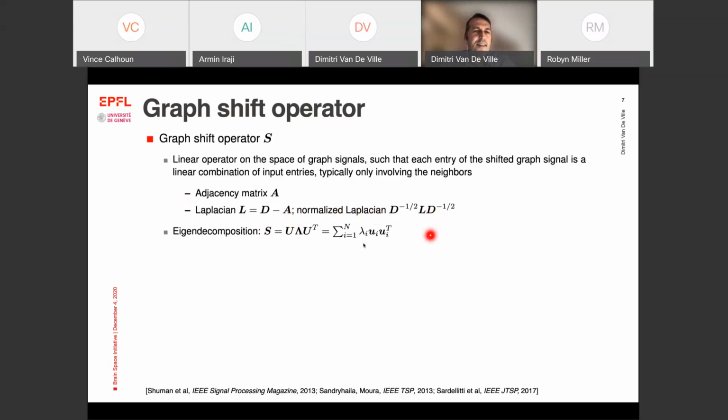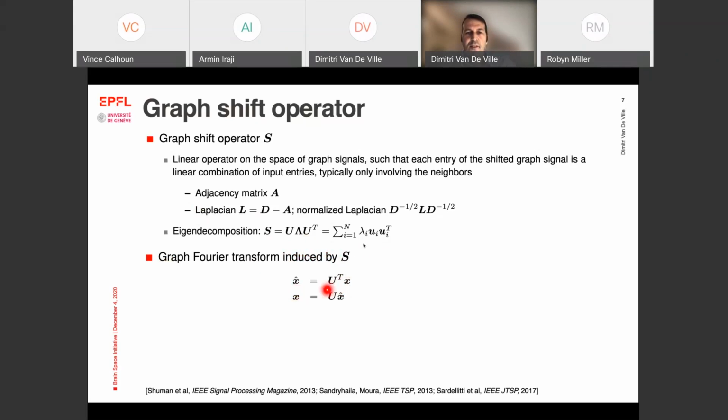And very importantly, we will also define the eigendecomposition of the graph shift operator S in the usual way, and we denote the eigenvalues by lambda and the eigenvectors by the vectors u, as you can see here. Now, the choice of the graph shift operator is very important because in GSP, this is inducing our graph Fourier transform. We're basically using the eigendecomposition of S to define a transform that brings a graph signal X into the spectral domain.